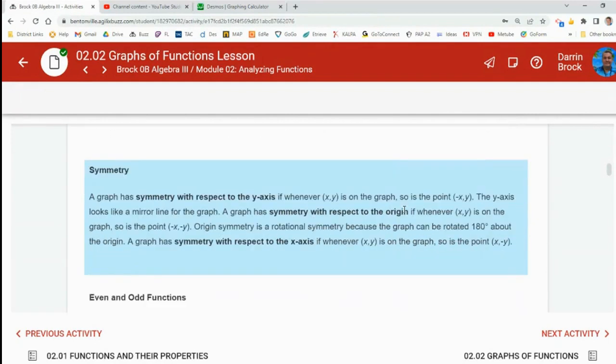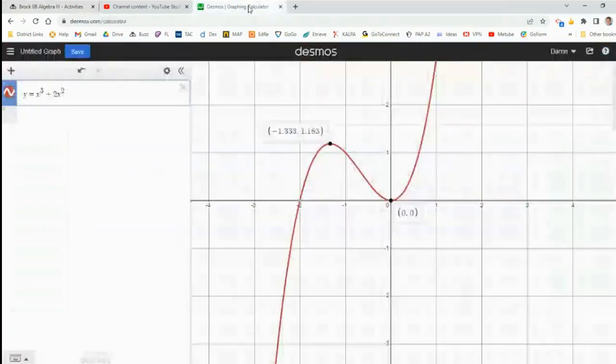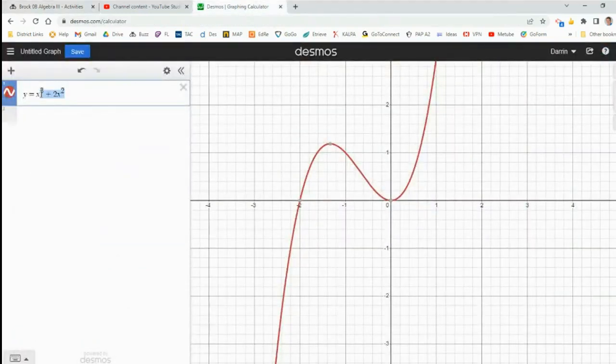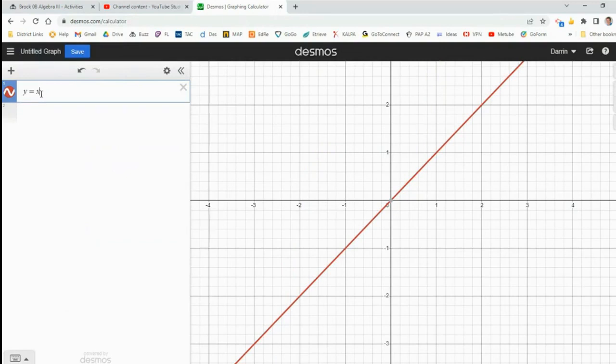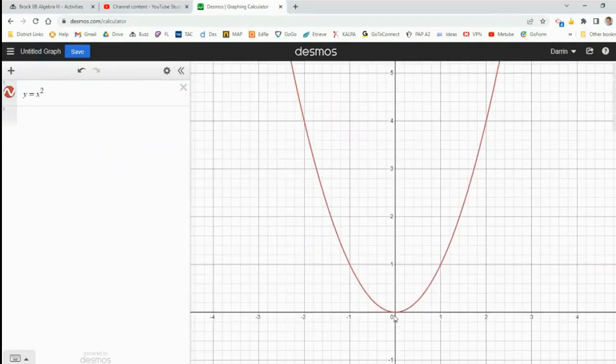So, all right, symmetry. Let's talk about symmetry. Symmetry means like a mirror. If you have symmetry with the y-axis, it means everything on the left is like everything on the right. Let's make this symmetry right here. This is symmetric to the y-axis.